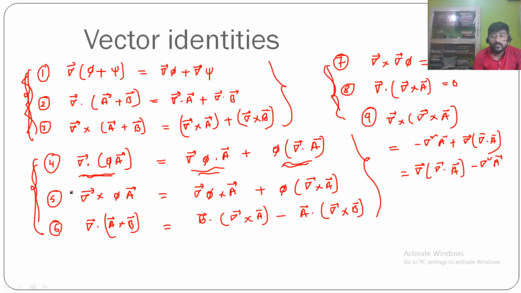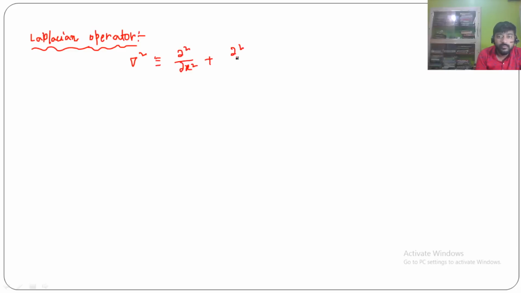Now I can discuss another important thing, the Laplacian operator. It can be written as del square, and del square is defined as the second derivative del 2 del x2 plus del 2 del y2 plus del 2 del z2.